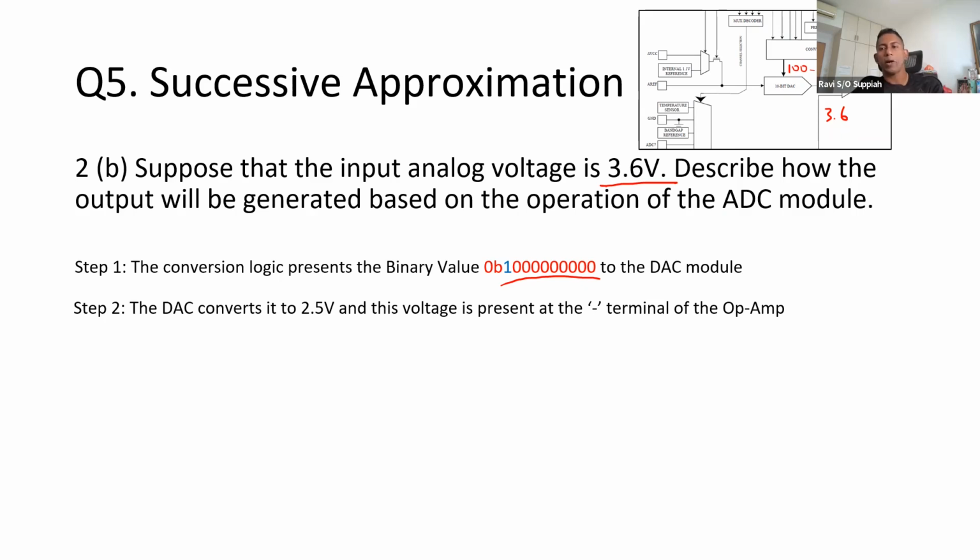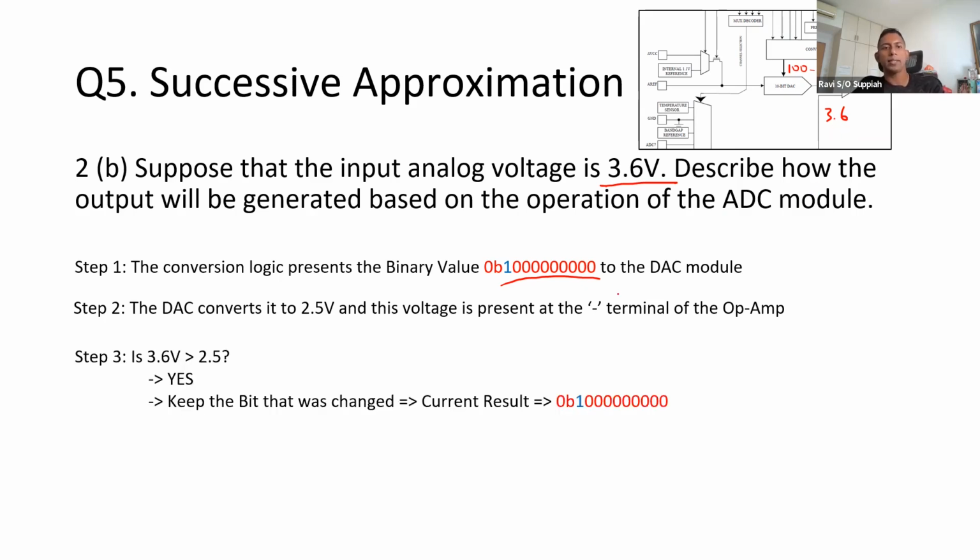When I compare 3.6 and 2.5, we can say that 3.6 is bigger than 2.5. If that is the case, that means the output of the op-amp comparator is true, then I keep the bit, so the 1 is kept.